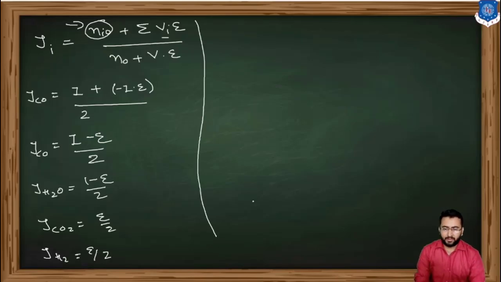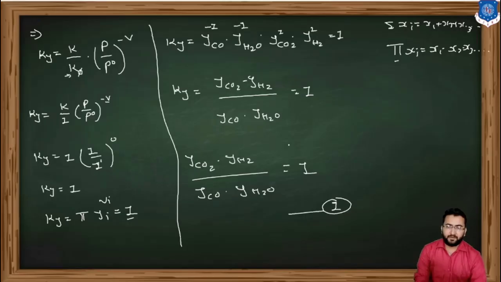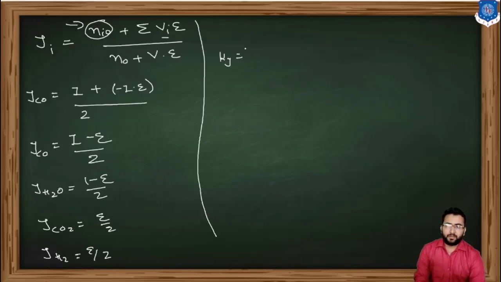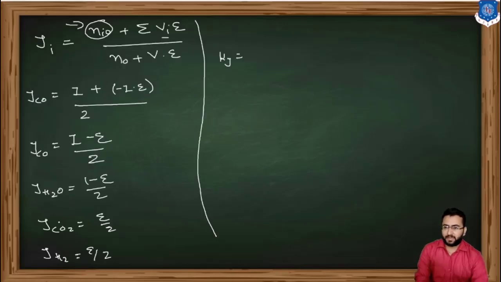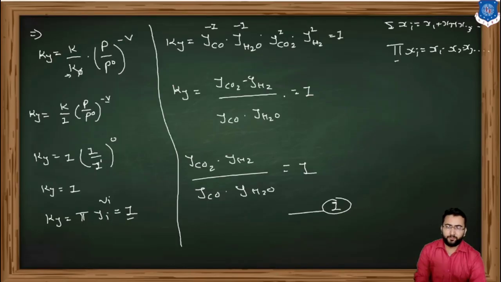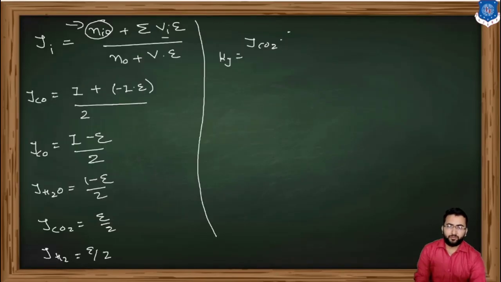Okay. Now Ky is equal to 1. So Ky is equal to y of CO2 into y of H2 upon y of CO into y of H2O is equal to 1.